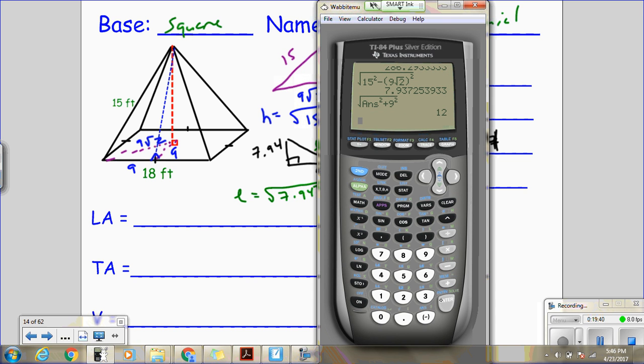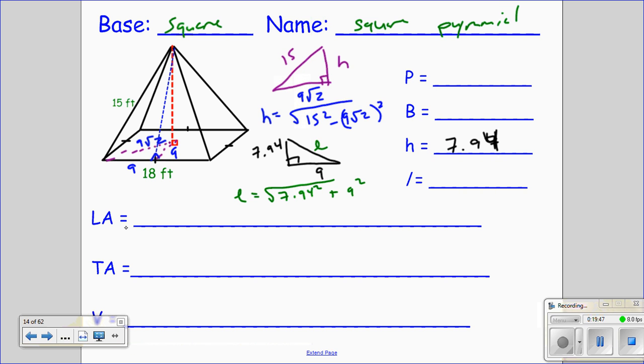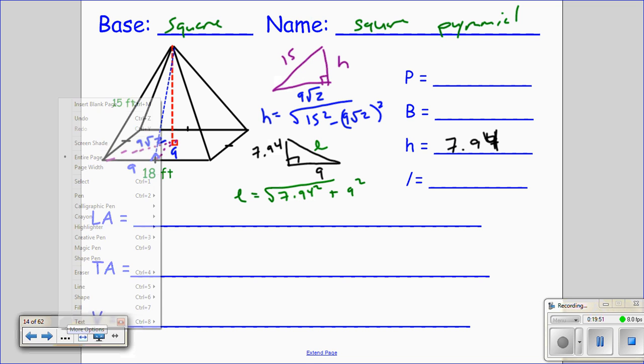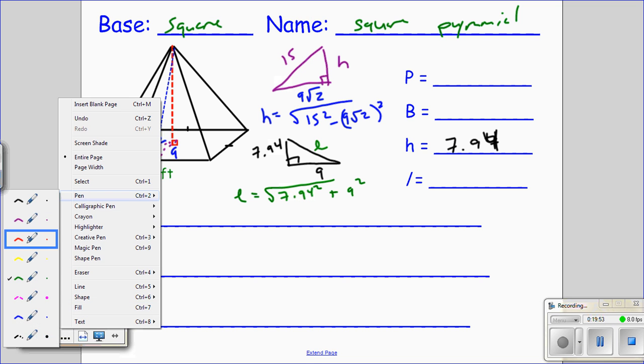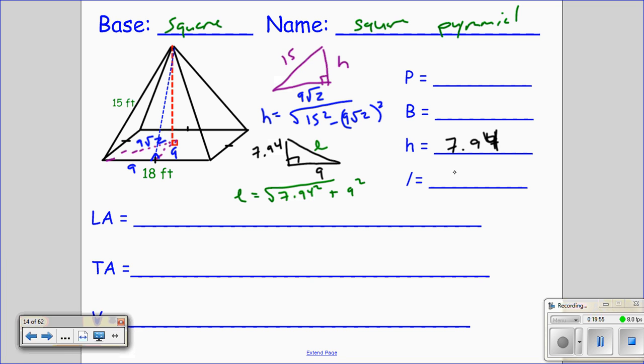And it's exactly 12. So my slant height is 12. And we're still with feet.